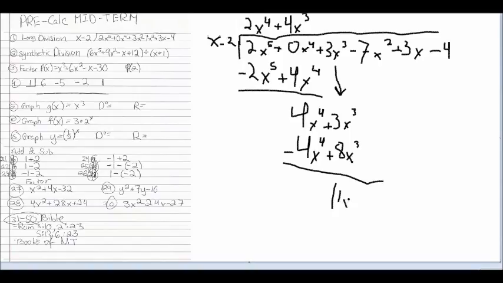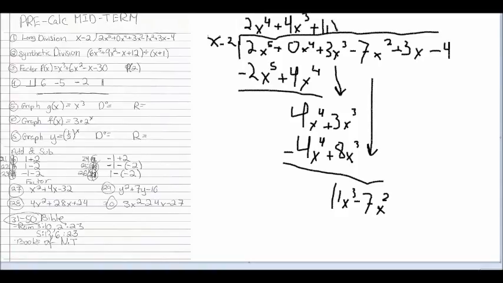After we do subtraction, this becomes a negative, this becomes a positive, that becomes a 0. 3 plus 8 is 11x cubed. Bring down the minus 7x squared.